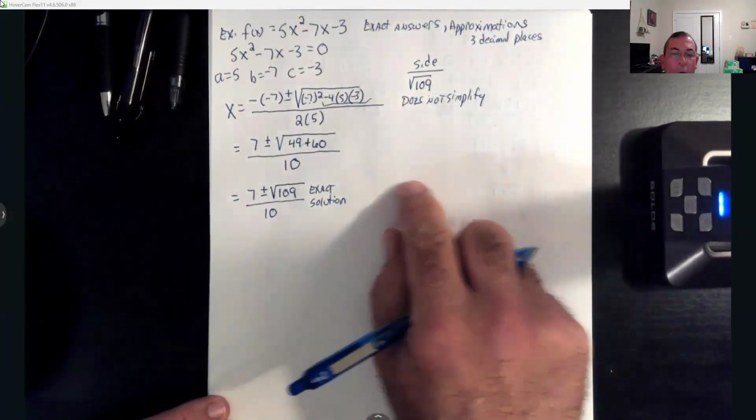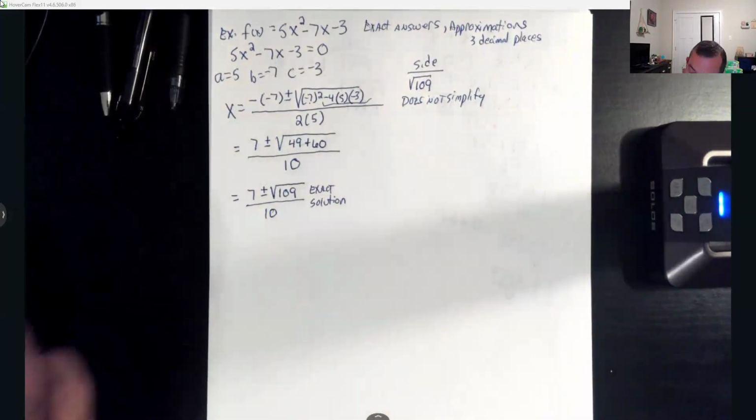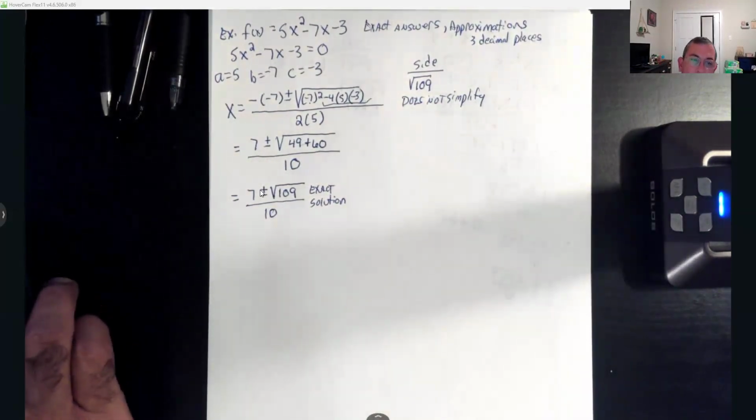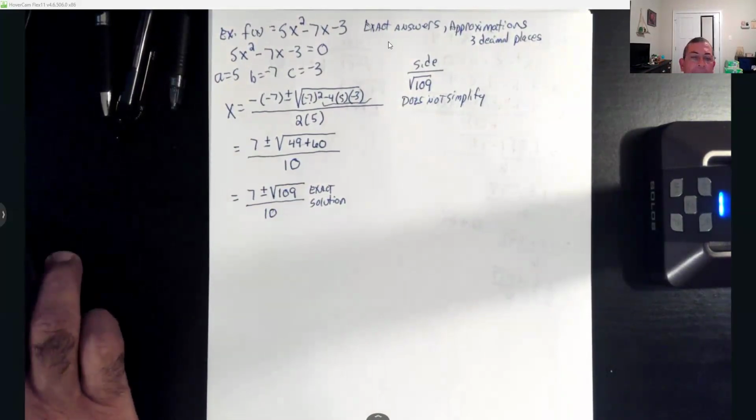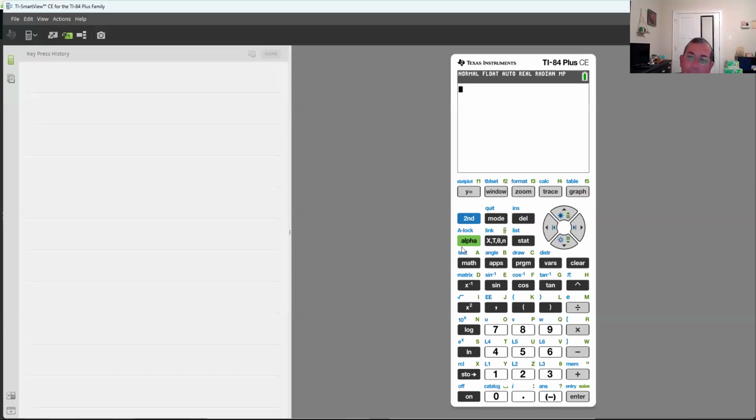Now, we're going to do our decimal approximations. We have to do this twice on the calculator. First of all, we're going to do the plus, and then second, we'll get the second answer doing subtraction. So I'm going to share my calculator and show you how I figure them out. The first thing, I'm going to get the big fraction by hitting alpha y equals and enter.